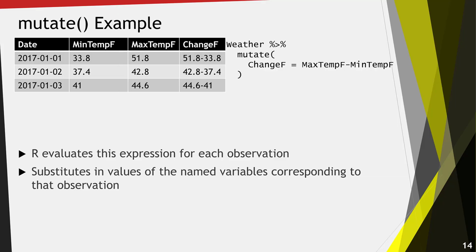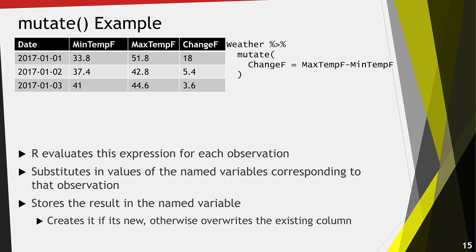So again, what will happen? A new column will be created, change f. The first value here would be 51.8 minus 33.8, then 42.8 minus 37.4, then 44.6 minus 41. This would be your resulting data set with the value of change f computed.